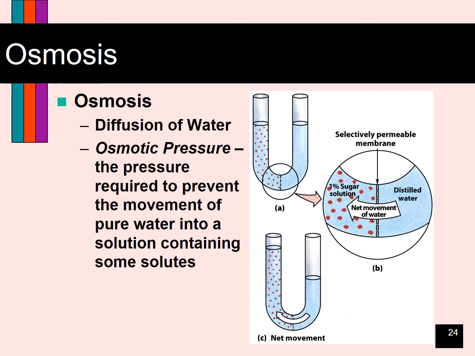So water is always moving into the cell, and the cell expands. Now, if it just continues to take on water, it's going to expand and rupture, right? But that's where the cell wall, the peptidoglycan for the gram-positive, and the outer membrane for the gram-negative, come into play in preventing that type of lysis, or rupture.